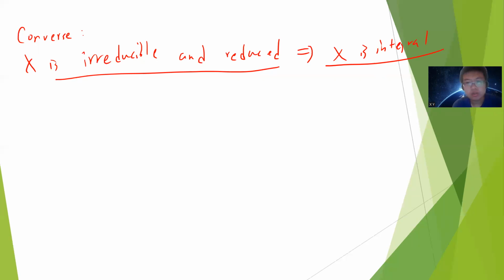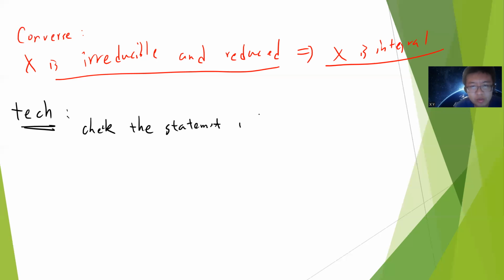At least for my understanding, in this type of general scheme proof, it is not easy to prove directly. So the only way you can do it is that you check the statement.